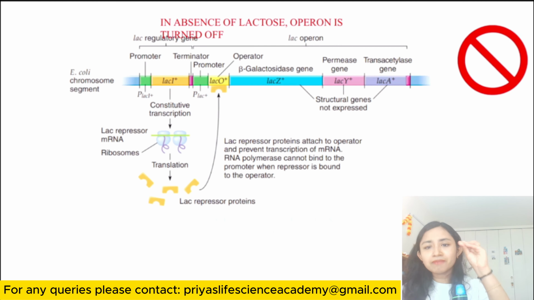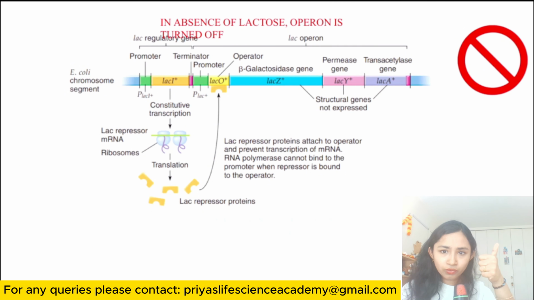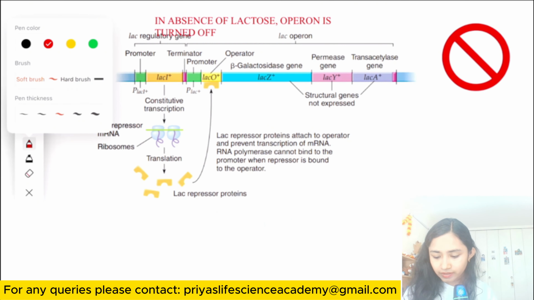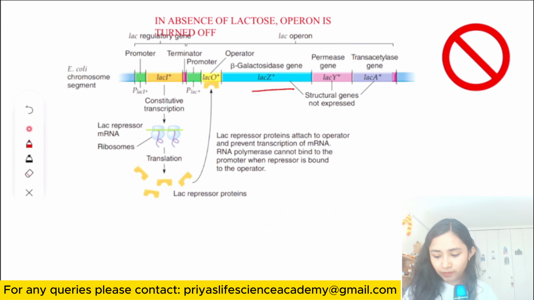This is a basic simple funda. Whenever you have glucose, Lac Operon will stay turned off. LacZ, lacY and lacA are the main structural genes which produce Beta-Galactosidase, permease and transacetylase.